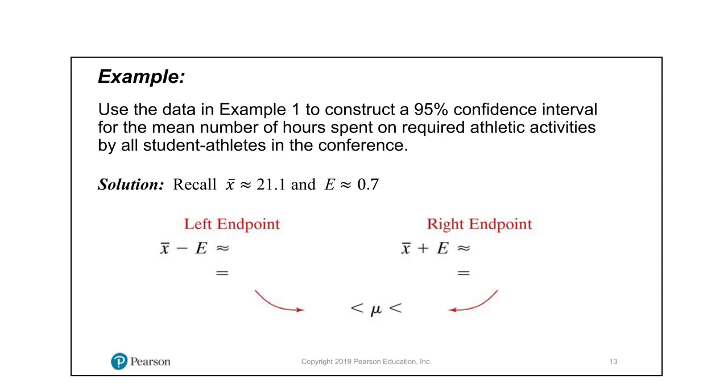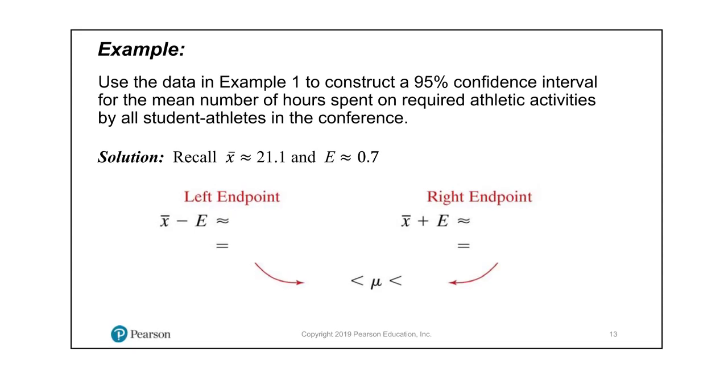So looking back at the earlier example, if we wanted to construct a 95% confidence interval, we had figured out that x bar was 21.1, and that the margin of error was about 0.7. So for the left endpoint, we take 21.1 and subtract 0.7, the margin of error, which gives us 20.4.